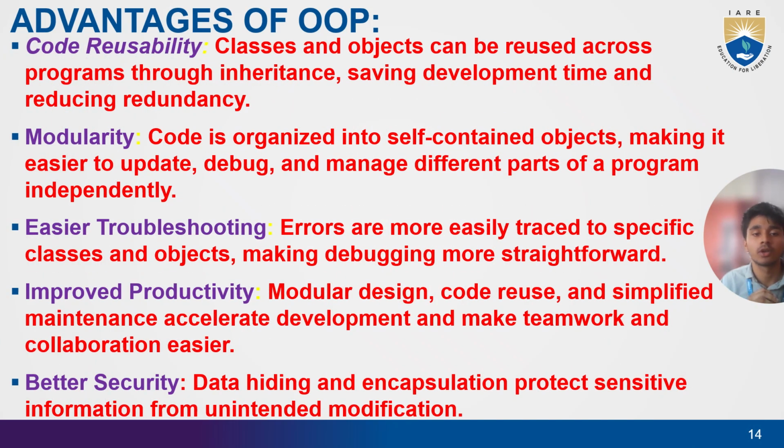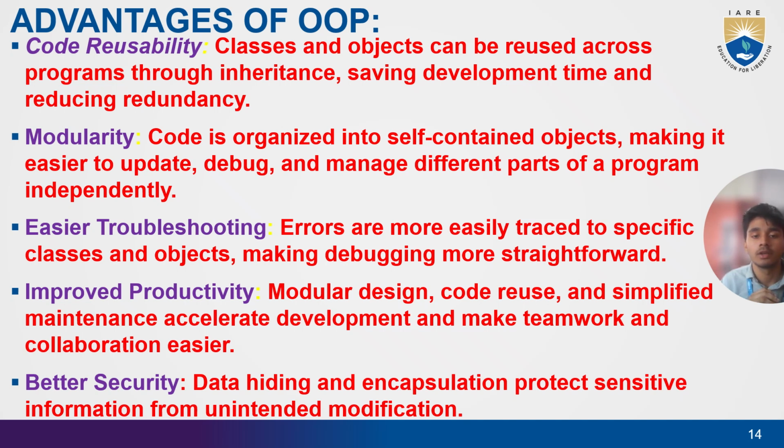Advantages of object-oriented programming. Code reusability. Classes and objects can be reused across programs through inheritance, saving development time and reducing redundancy. Modularity. Code is organized into self-contained objects, making it easier to update, debug, and manage different parts of a program independently. Easier troubleshooting.